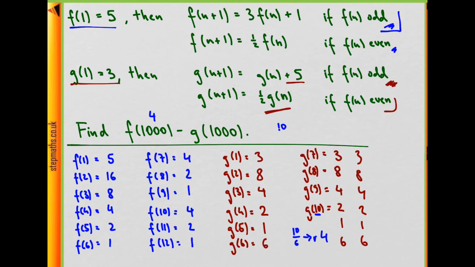And since 1000 divided by 6 is in fact 166, and the remainder will be 4, it is guaranteed by our inspection that that term of the progression will be 2. So G of 1000 is 2. And hence, this difference, f of 1000 minus g of 1000, is 4 minus 2, which equals 2. And that was the correct final answer, and in the exam it was under option D.